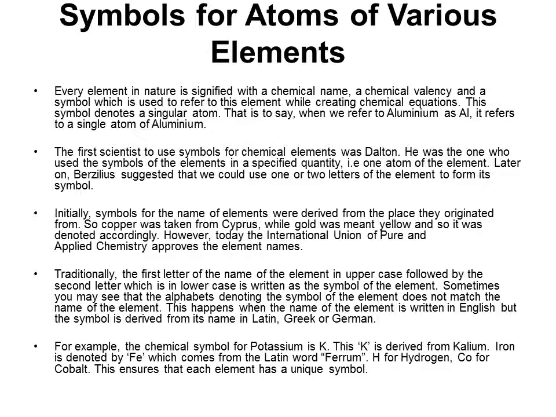For example, the chemical symbol for potassium is K. This K is derived from kalium. Iron is denoted by Fe, which comes from the Latin word ferrum. H for hydrogen, Co for cobalt. This ensures that each element has a unique symbol.